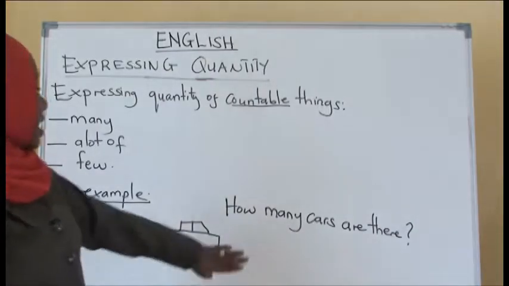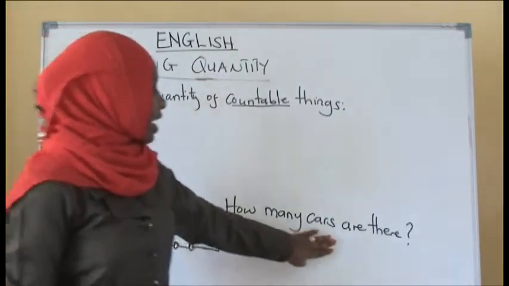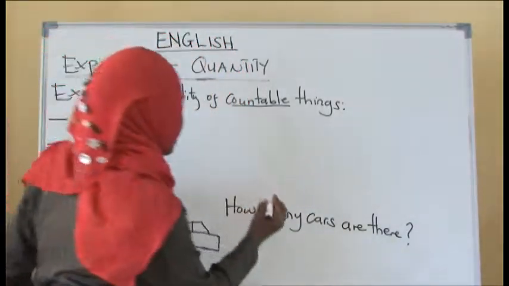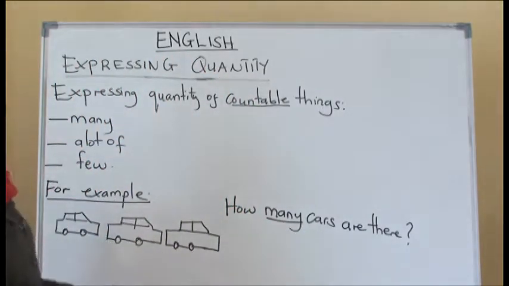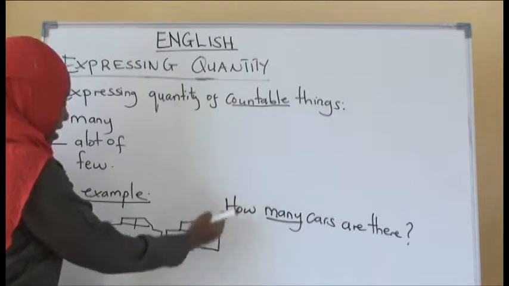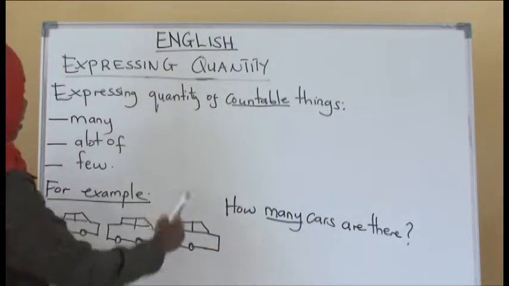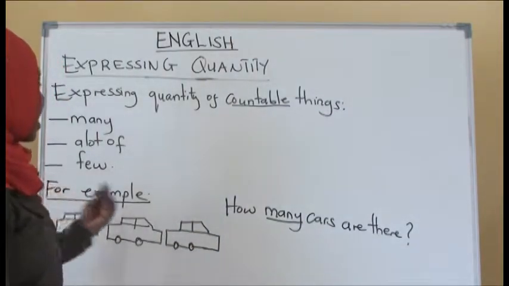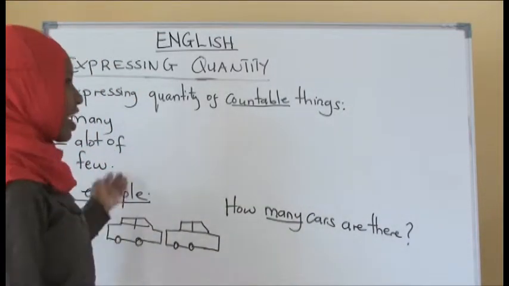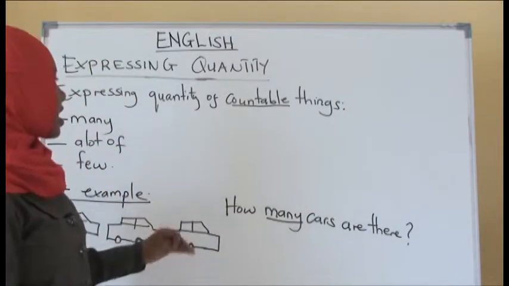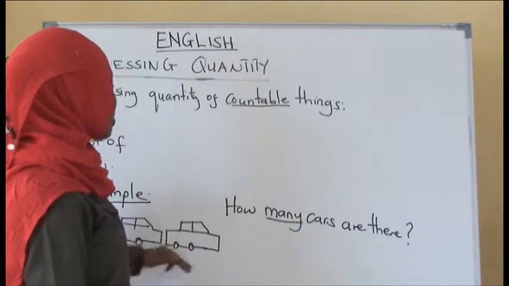And here, in asking this question, how many cars are there, we are using the word many because we are talking about things which we can count. We are talking about countable things. We cannot say how much cars are there because we are talking about countable things. And the word much is not used in expressing quantity of countable thing.